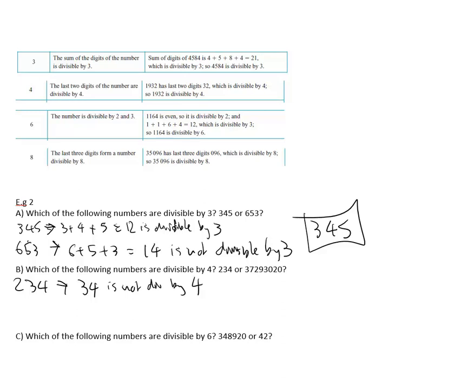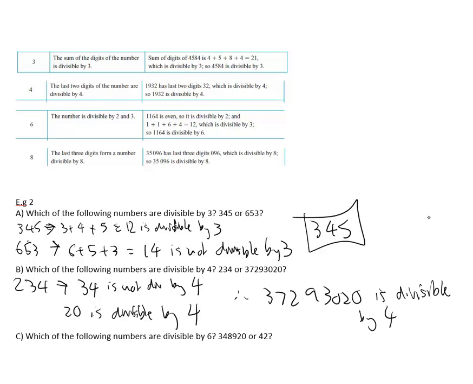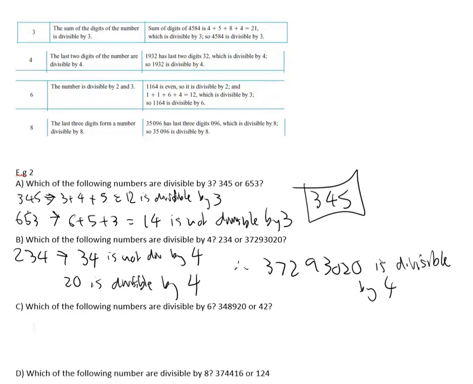And then for this big number here, we just look at the last 2 digits. So 20 is divisible by 4. So therefore, this whole number here also is divisible by 4.